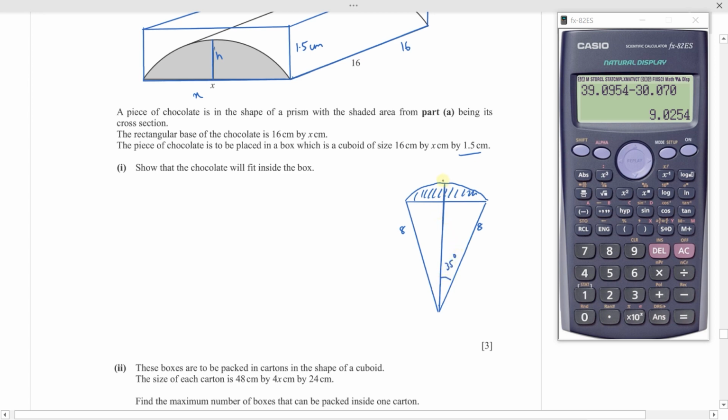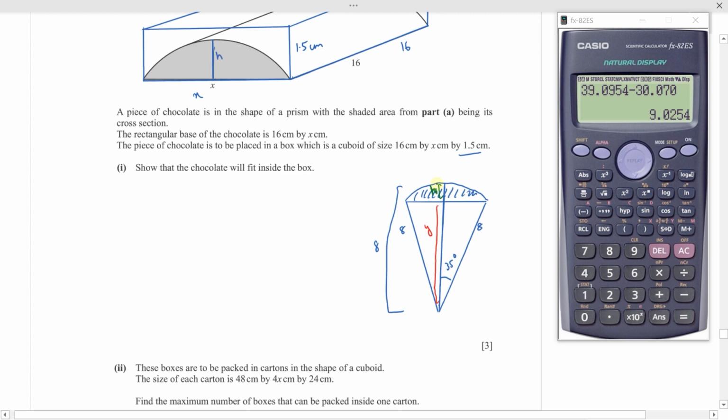I know that this full length up till this point is also 8 because it is the radius of the same circle. So now this height is h. This h will be this full length 8 minus, let's call this length y.